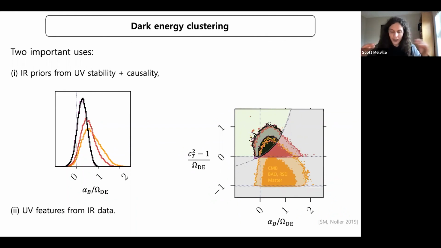But if you are committed to those principles, then a Bayesian would tell you that there should be some prior on your parameter space that says you can only take values in this green good region. So if you redo the fit, the two colors to pay attention to are yellow, which is without any priors, and black, which is with both of the priors. Red is with only one of them.